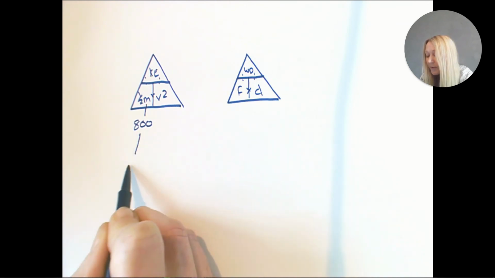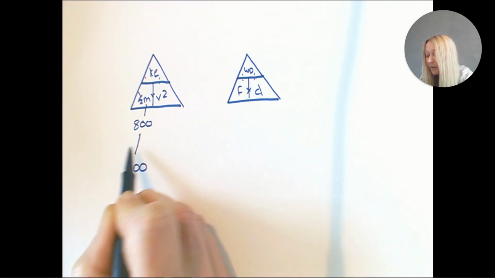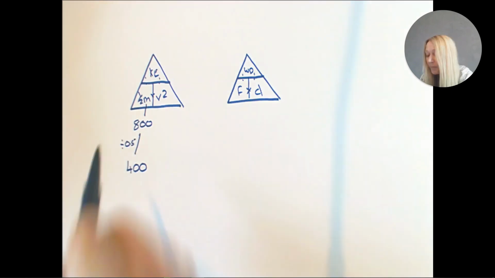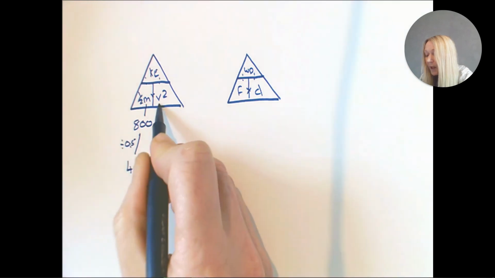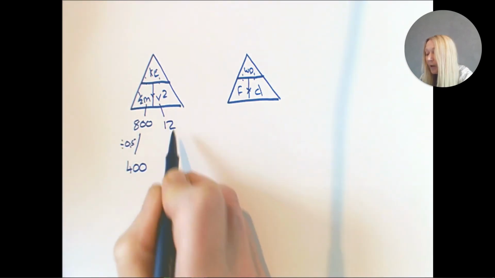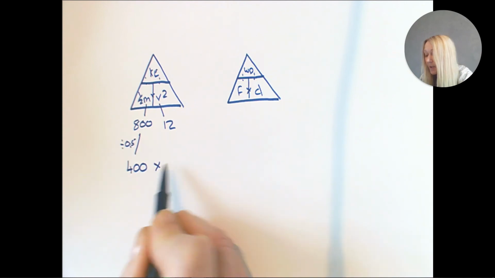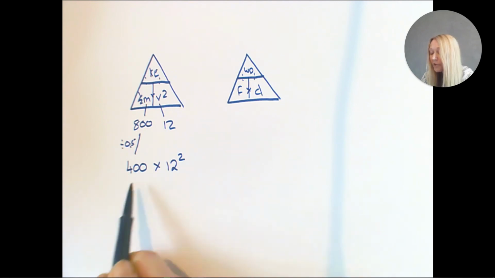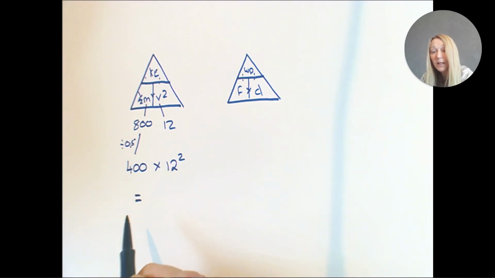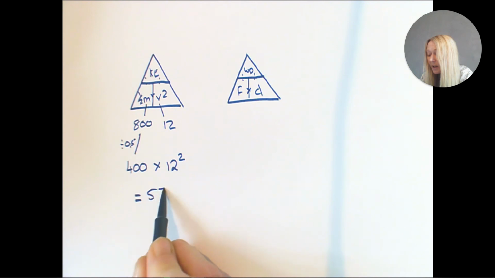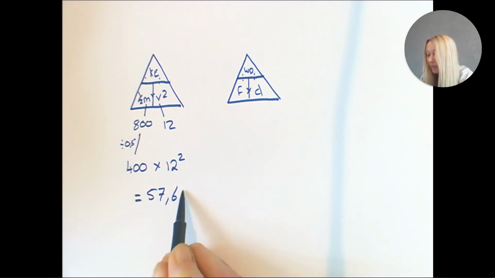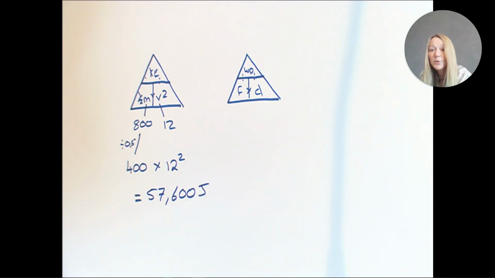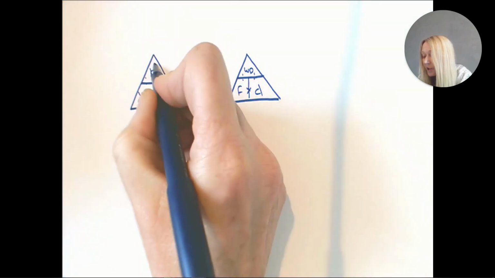We need half of that, so we have 400. We had a velocity of 12. We need to square that, so we're going to have 12 squared. So we've got 400 times 12 squared, put that into the calculator, gives us a kinetic energy of 57,600 joules. So that's our kinetic energy.